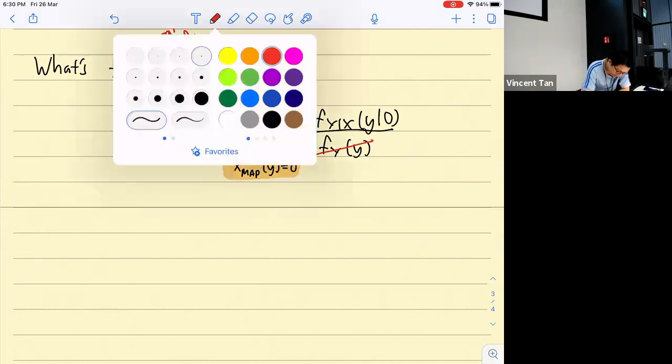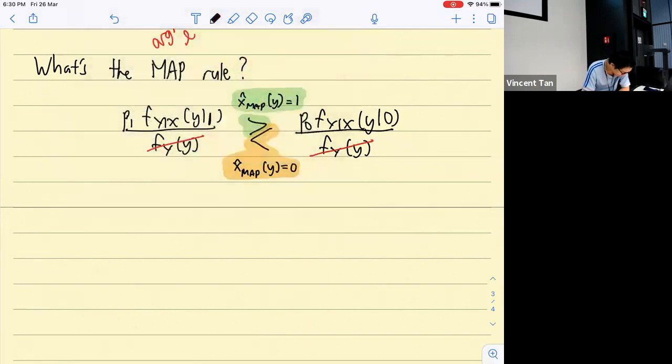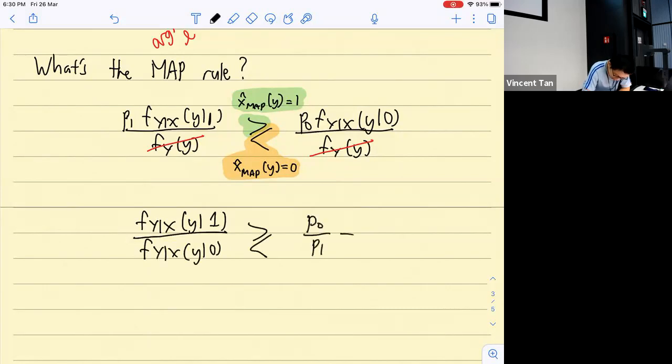So now we can actually simplify this, and we can write it as f of y given x, y given 1, divided by f of y given x, y given 0, compared to P0 over P1, which we call eta. This eta is known as a threshold in the detection theory literature.